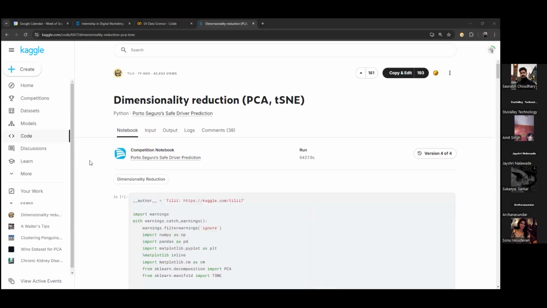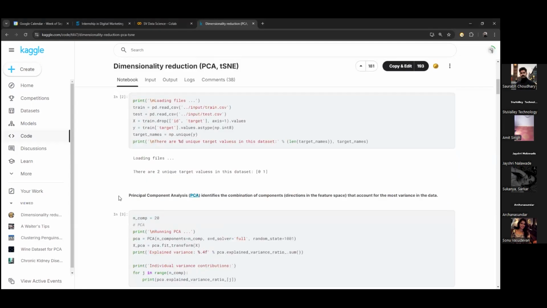Okay, so some data is coming here, which we can use. Okay, here we have a lot of data.